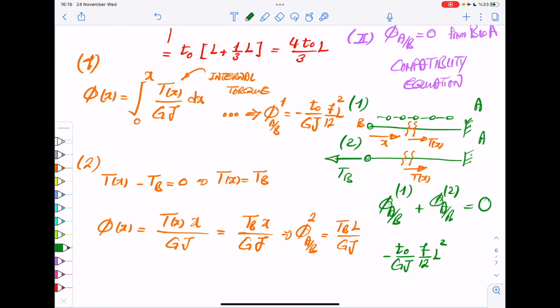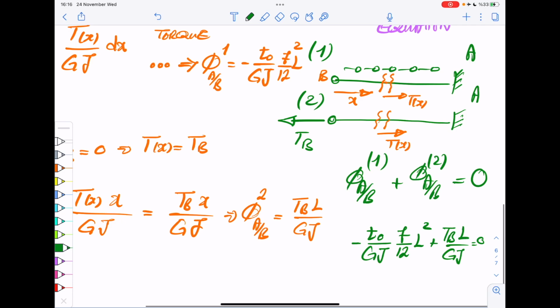Okay, so that's that, plus Tb L over GJ is 0. And from that, you get Tb equals 7 over 12.